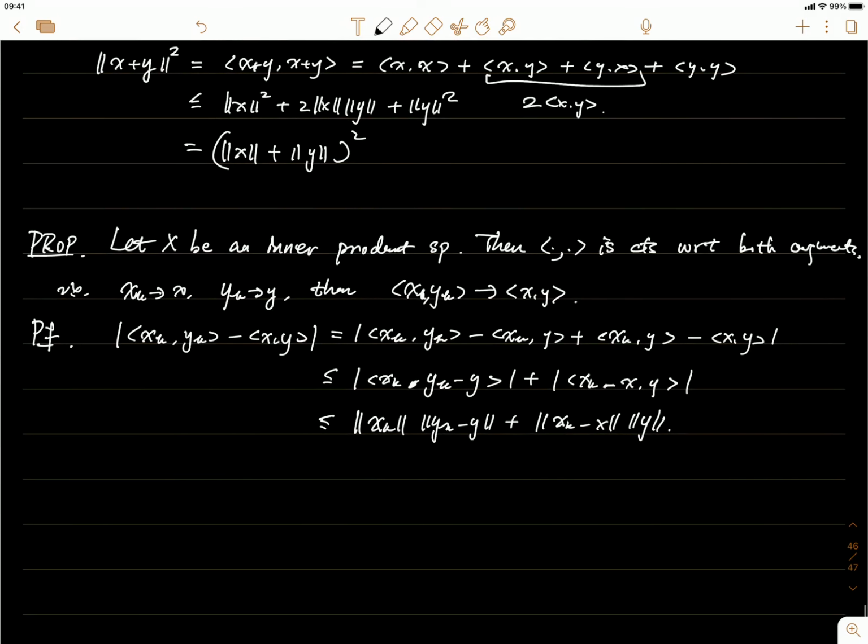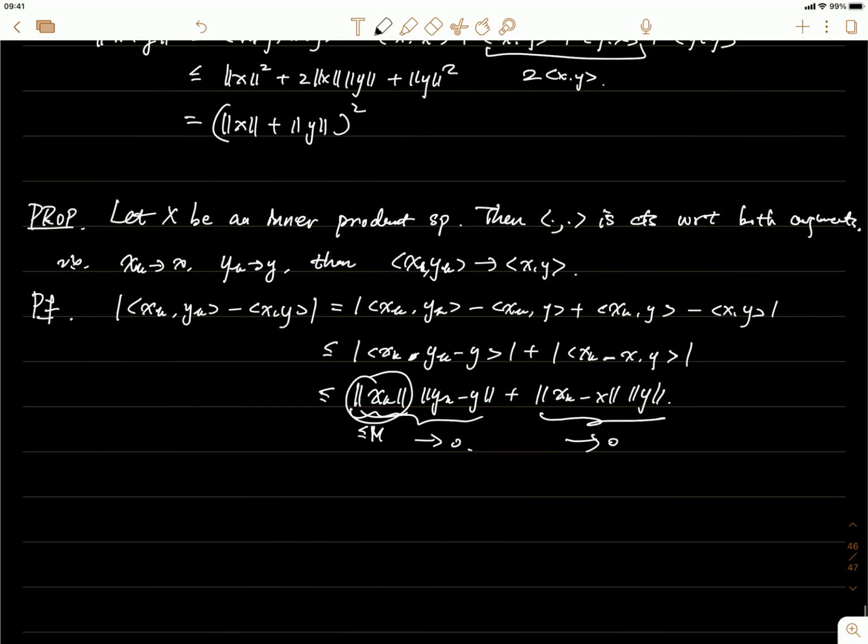By the Cauchy-Schwarz inequality, now this one apparently goes to 0 because y is fixed and xk goes to x. And here you need to be careful: because xk converges to x, this ‖xk‖ is bounded by some constant, say m. That is how you show that the whole thing is converging to 0, just because this first factor is bounded by some constant. In general, it may not be true. If xk blows up, then the product may not go to 0. But it's not the case here, since xk is convergent.